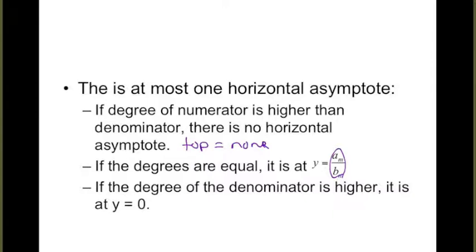And if the degree of the denominator is the winner, so if the bottom wins, it's at y equals 0. It is possible to have both a horizontal and a vertical asymptote, like we saw in the problems yesterday. It's actually possible to have more than one vertical asymptote also. We can have multiples of those. We're only going to have one horizontal asymptote, but we can have multiple vertical asymptotes.